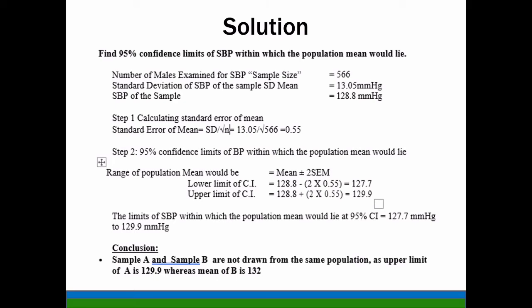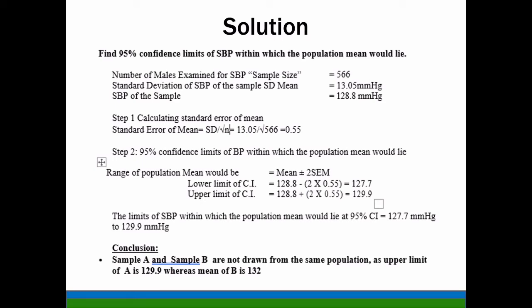That comes to 129.9. The limits of systolic blood pressure within which the population mean would lie at 95% are 127.7 mmHg to 129.9 mmHg.